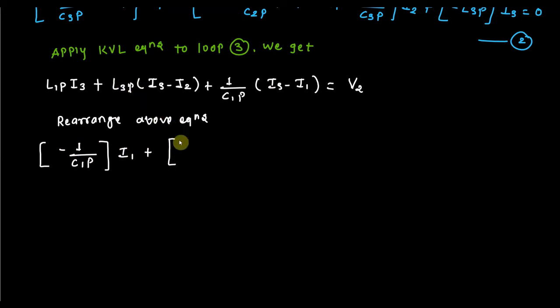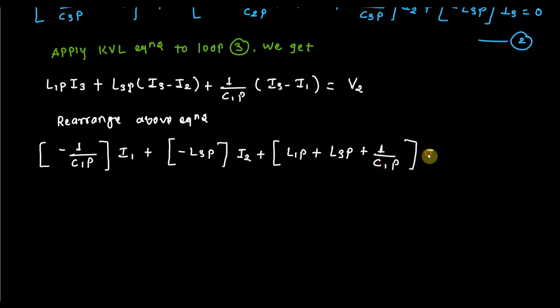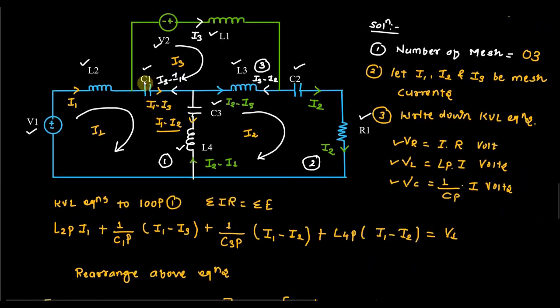For I2 it is minus L3P I2. For the third portion, it is L1P plus L3P plus 1 upon C1P, and this should be equal to V2. Fine. So now we have written all the three equations for the three meshes.